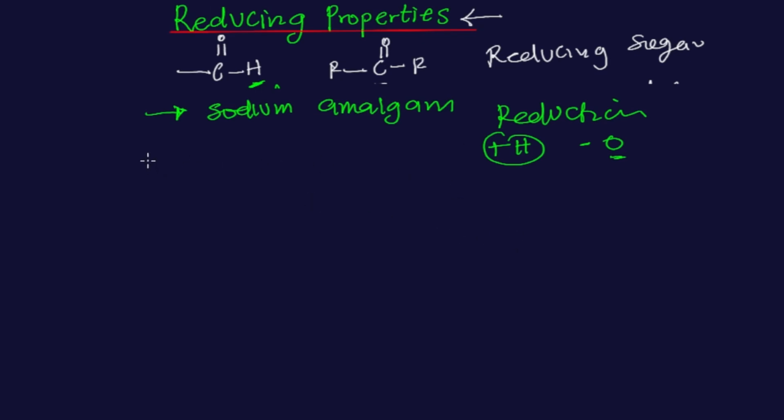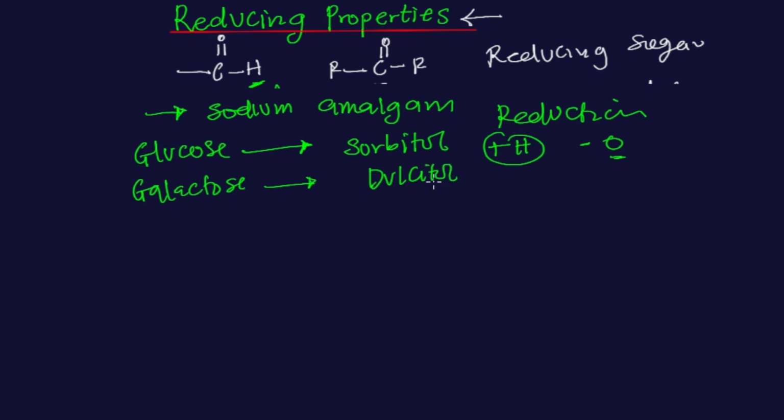Let's talk about the first one, which is glucose. Whenever glucose, which is an aldehyde, is reduced, it is reduced to sorbitol. The next one is galactose. Whenever galactose is reduced, it is reduced to dulcitol.